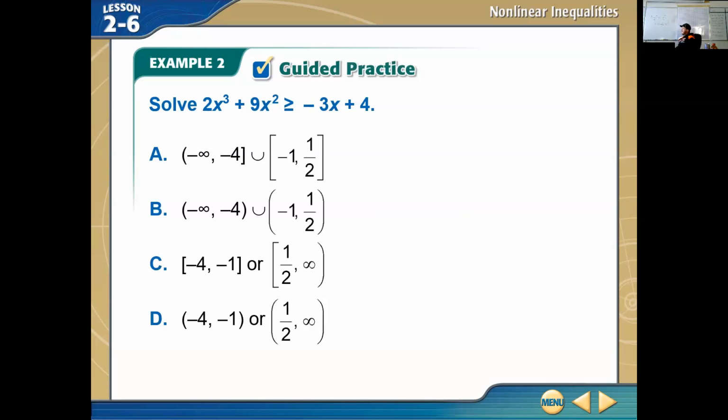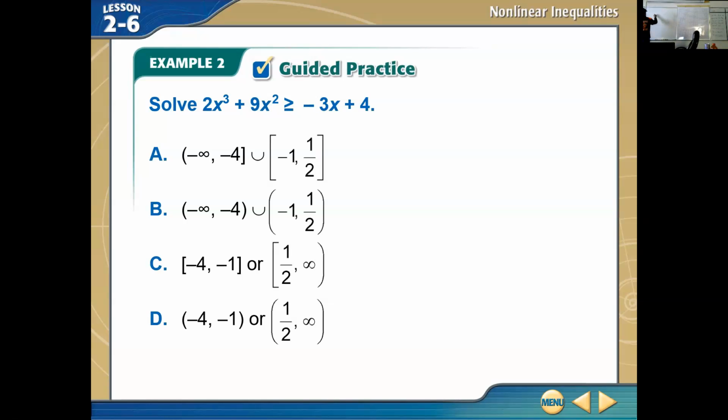Okay, so another one. Solve 2x cubed plus 9x squared, which is greater than or equal to 3x plus 4. So first thing, once again, I want to bring everything to that side, and I want to see if it's a factorable polynomial.